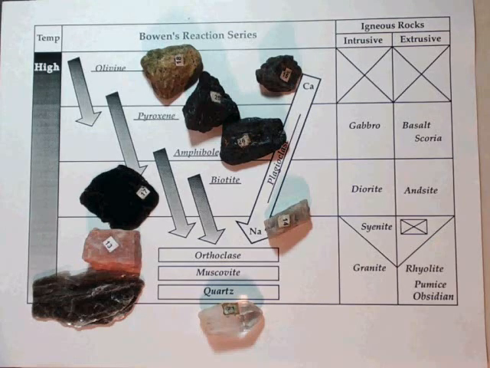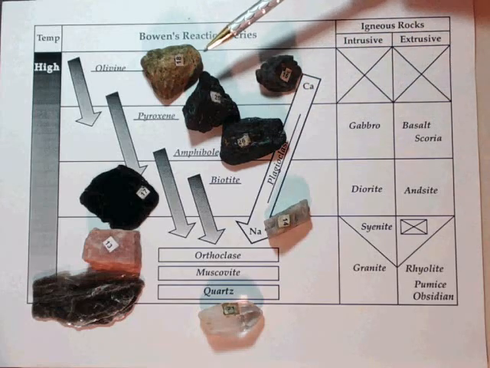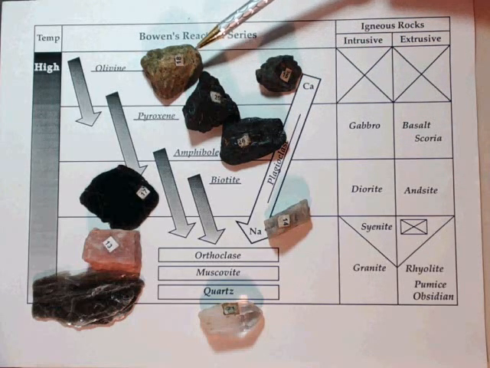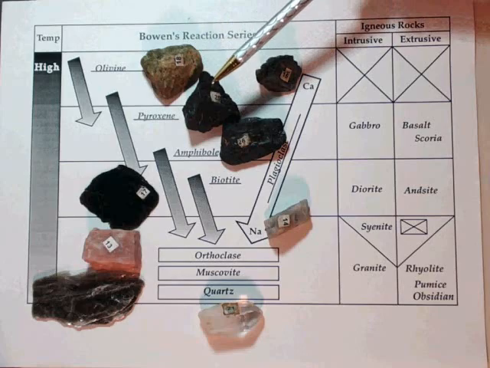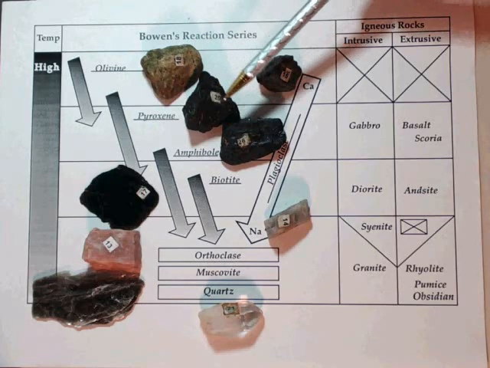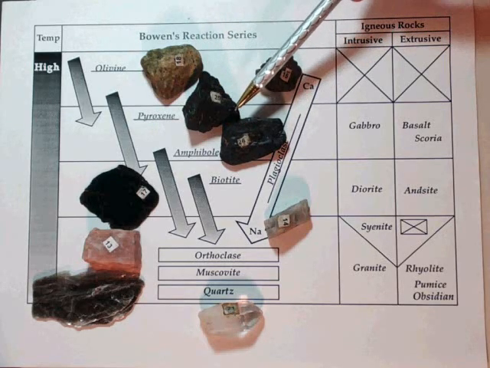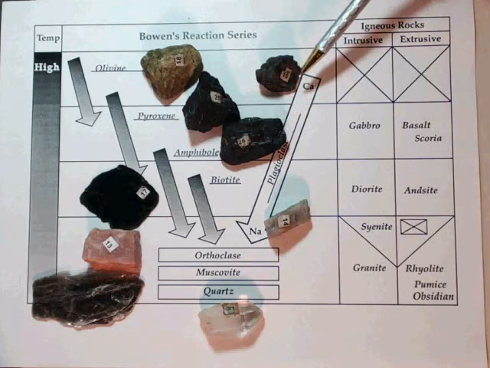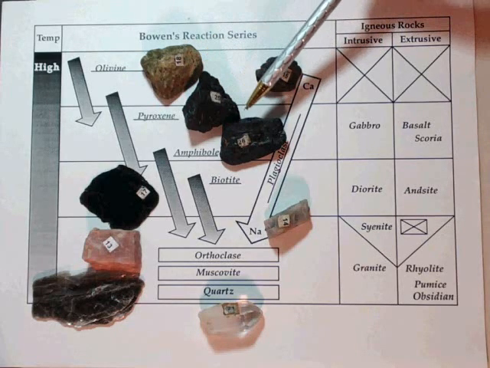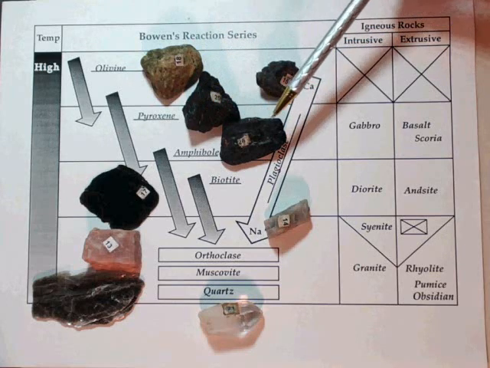So just for one quick example here before we move on, let's suppose we had a rock that had just a little bit of olivine. It was mostly the pyroxene and had a trace of the amphibole in it. And it was mostly calcium-rich plagioclase. So that's sort of its mineralogy here, kind of in this region.